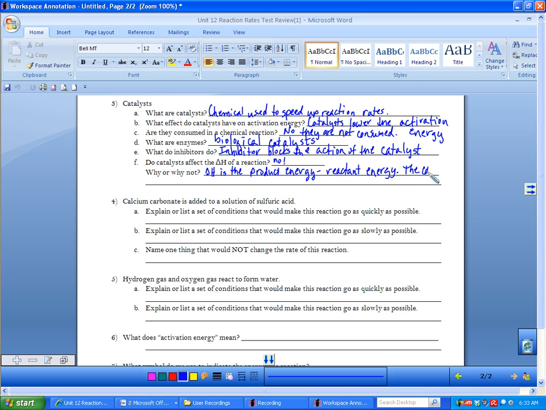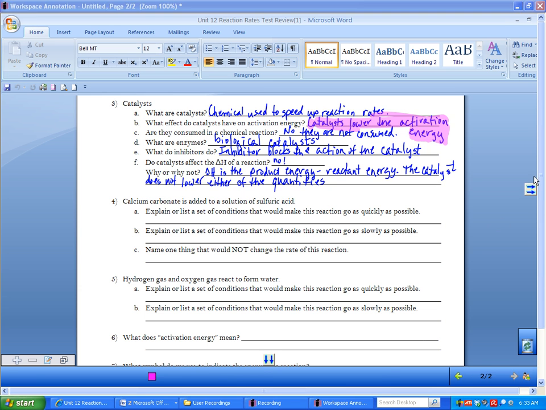The catalyst does not lower either of these quantities. The only thing the catalyst can do is right here. Lower the activation energy of the whole reaction. Has nothing to do with the energy of the product or the energy of the reactant. That's all it can do. All right, so let's move on with that one.